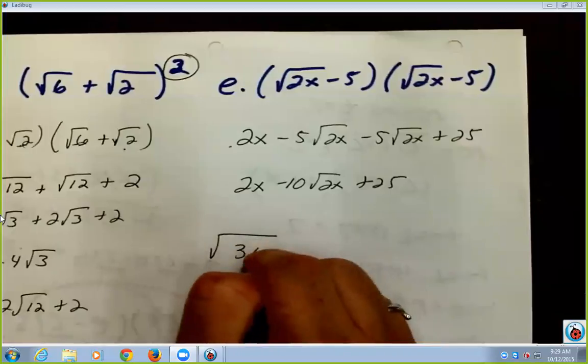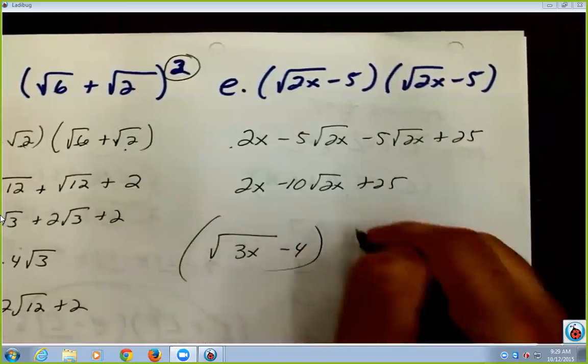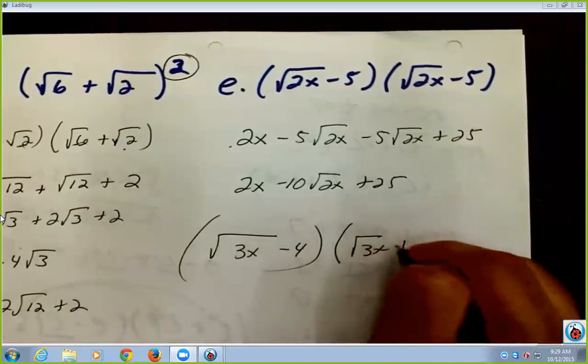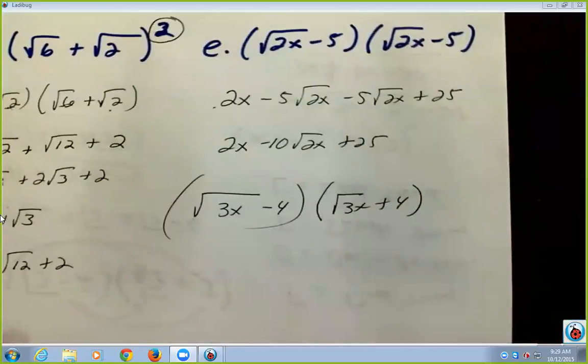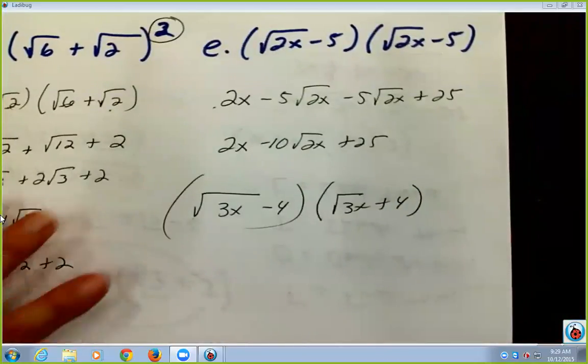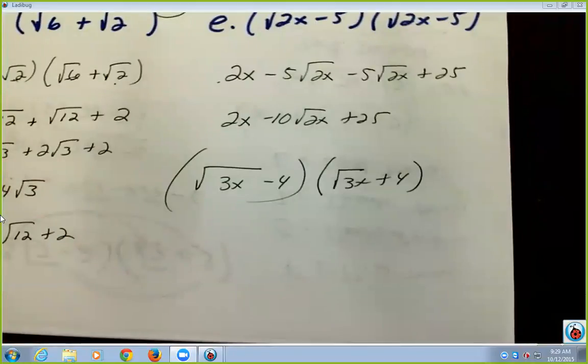Square root of 3x minus 4 times the square root of 3x plus 4. See what you end up with.